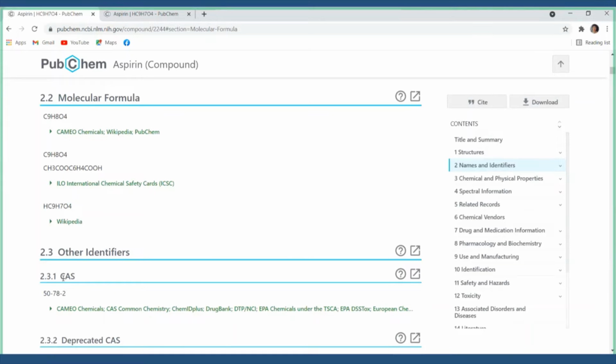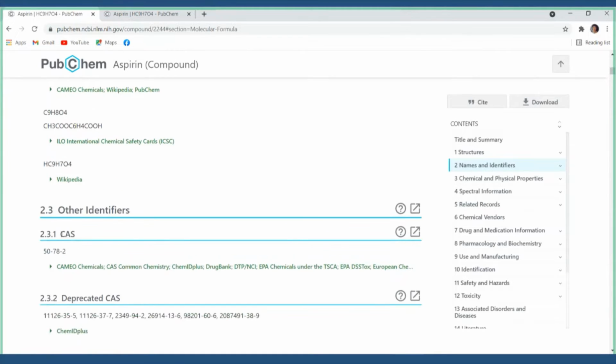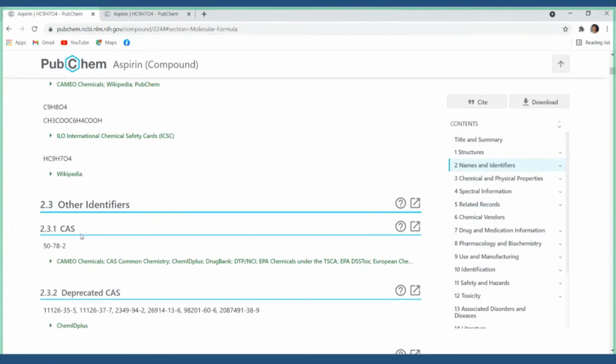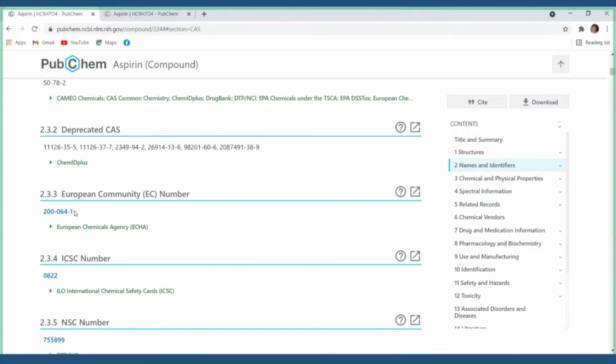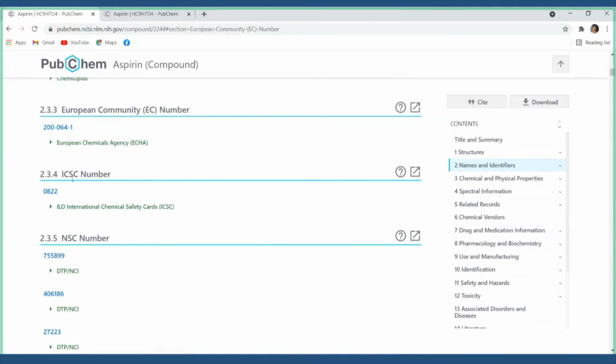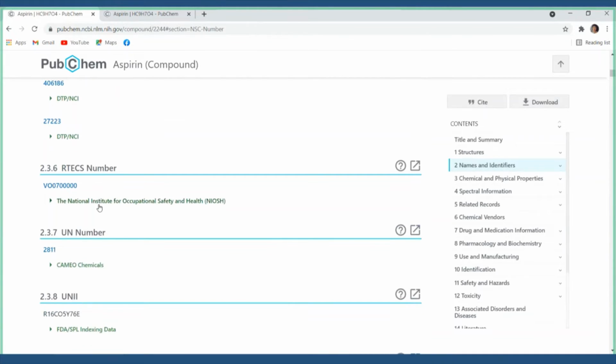We have the American Chemical Society's, and Europe, so each of them has its own name for it. This is the European Community number for aspirin. This other one is the ICSC number. All these things you will understand later.